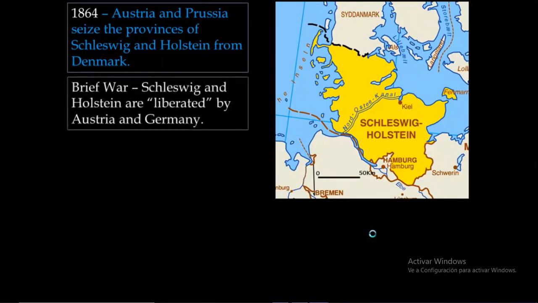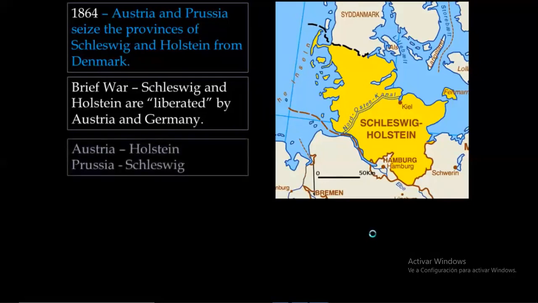And it's a very brief war, and Schleswig and Holstein are liberated, as they would say, by Austrian Germany. Austria would control Holstein, and Prussia would control Schleswig.